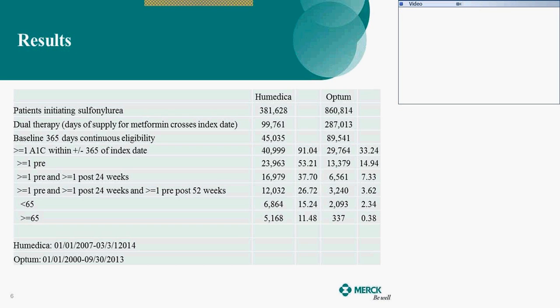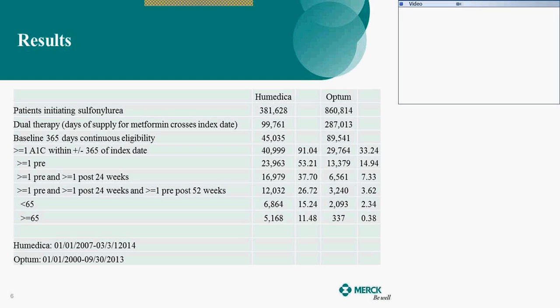These are the results. In Humedica, we found about 380,000 sulfonylurea patients, among which about 100,000 are dual therapy, and about 40,000 patients have at least 1 year of eligibility.